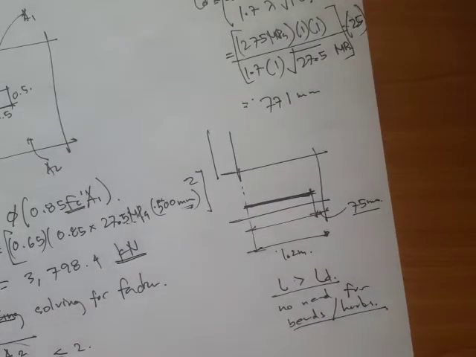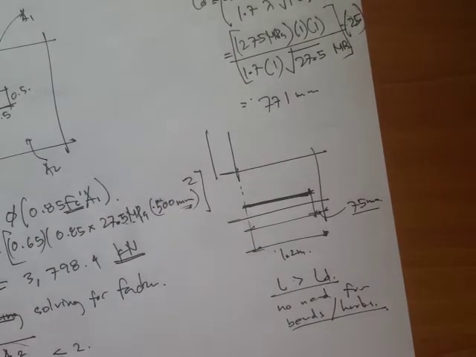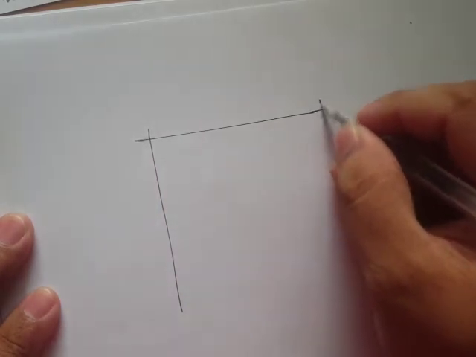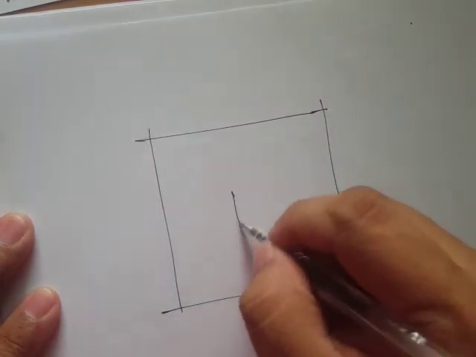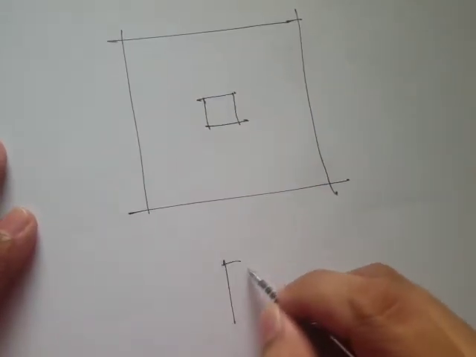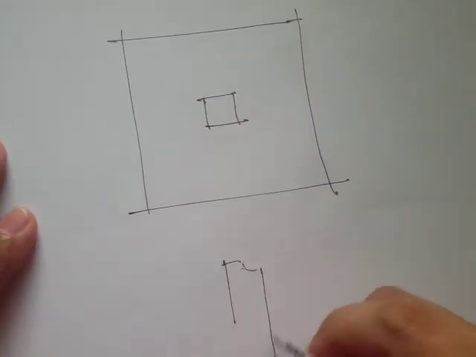Okay, so finally we have to provide a summary, or let's say a drawing plan. That's going to be a square footing, and this is our column, and of course we also have to provide an elevation view.